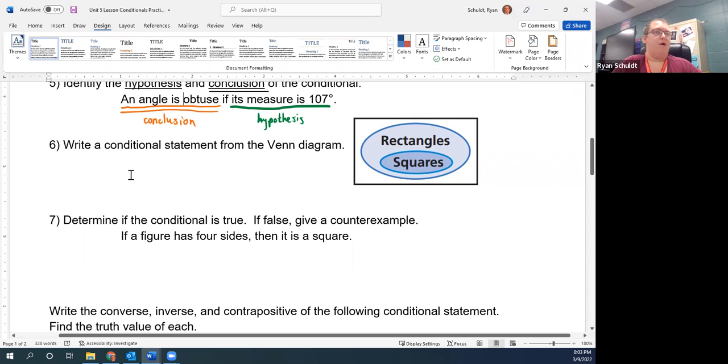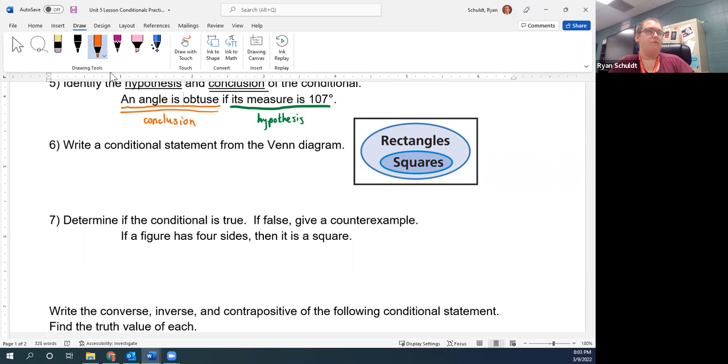Number 6, write a conditional statement from the Venn diagram. Okay, which one is always our hypothesis? Which one's always the hypothesis? The small circle. The big circle is always your conclusion.